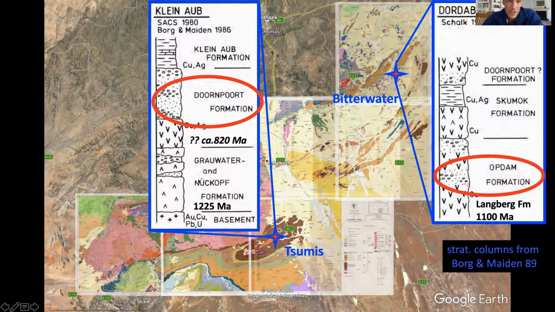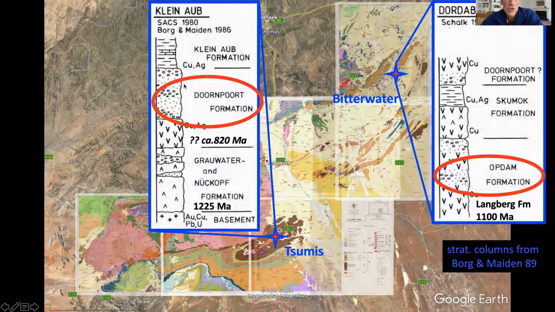To the west of the Rehoboth Inlier, there's a succession of rhyolites that for a time were considered possibly equivalent to the rhyolites that were subsequently dated at 1100, but now uranium-lead geochronology shows them to be older at about 1225 million years. And then there is a succession, the red bed succession I alluded to earlier, ever since at least Charlie Hoffman's synthesis in 1989.